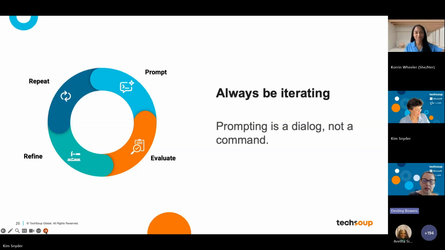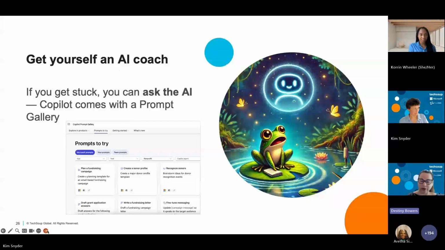And there's another thing that you can do when you are not entirely sure where to go, and that is a coach, right? It's always helpful to have someone say, hey, why don't you try this? And one of the things that you have in Copilot, I believe it is in the add-on version, so not the free with subscription, it is the paid model, is the prompt gallery.